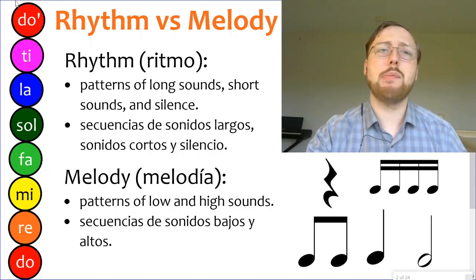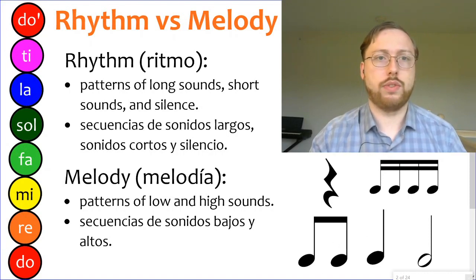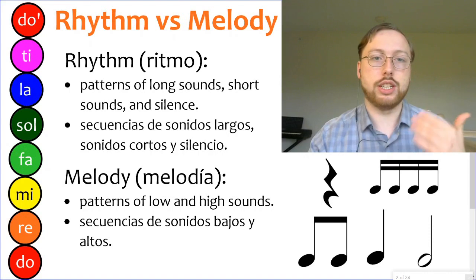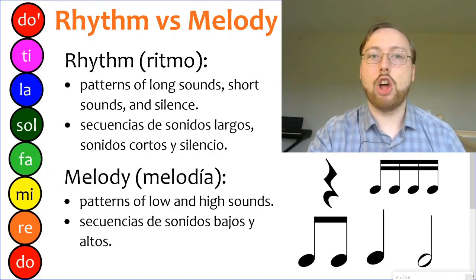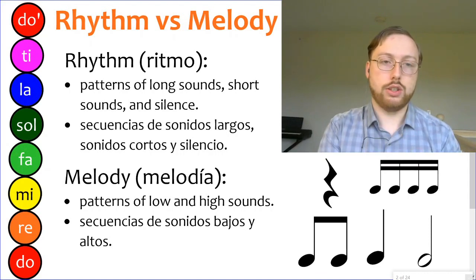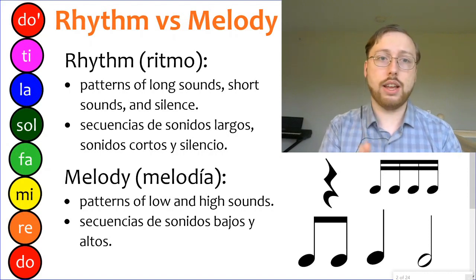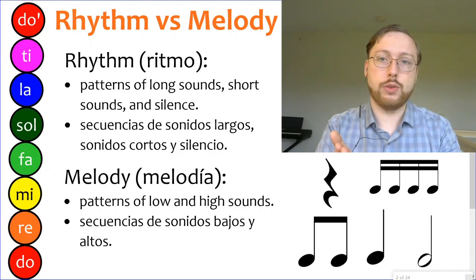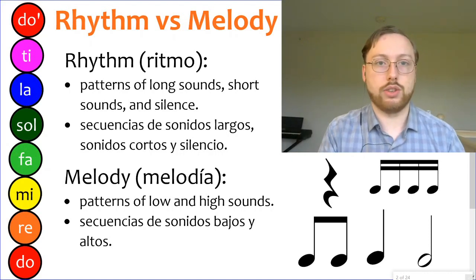And when you combine melody with rhythm, that's when we get those songs. So melody by itself is just sort of high and low sounds. The rhythm tells us how long each one happens. So it's not always the same length. So not always do, re, mi, fa, sol, la. It's not just steady. You have to add the rhythm so we can get different lengths, different amounts of sound.